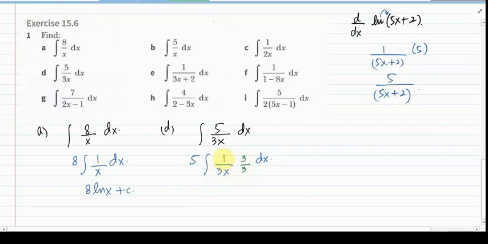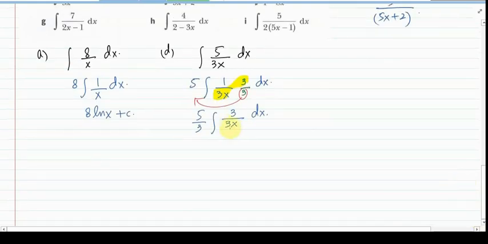Now this function, 3 upon 3x, is ready to integrate, so I will take this denominator 3 outside the integral sign because it's a constant. So 5 upon 3 integral of 3 divided by 3x dx. Now it is ready to integrate. The derivative of the denominator is present in the numerator, so now you can integrate it. So it will be 5 upon 3 ln of 3x plus c.